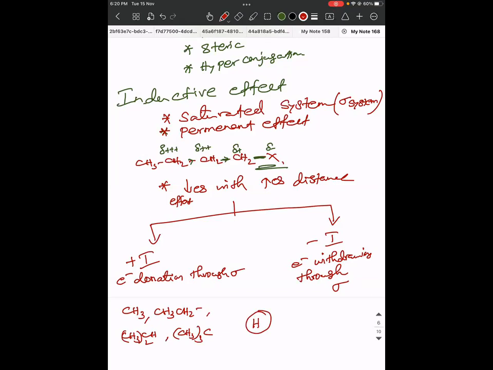will become a minus I group? Minus I group na the electron withdraw பண்ணது. எந்த group electron withdraw பண்ணும்? Already electron அதாவது என்ன அர்த்தம்? It should be a more electronegative atom இருக்கும்.